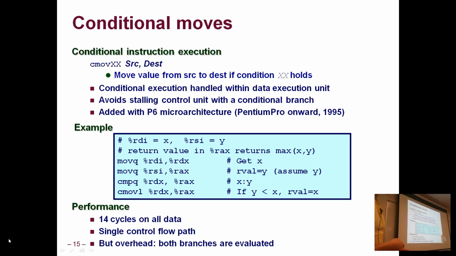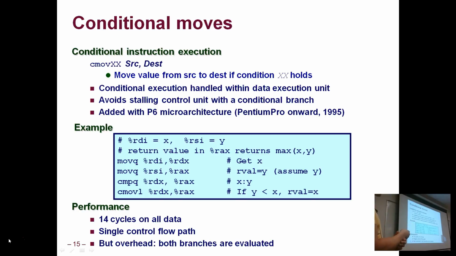Here is an example of a conditional move that returns the maximum of 2 variables, x and y, where x is stored in RDI and y is stored in RSI. The conditional move instruction, like a conditional branch, can be used on any of those conditions: equal to, not equal to, greater than, less than. It can be used on any of the conditions that you saw earlier with the conditional jump.